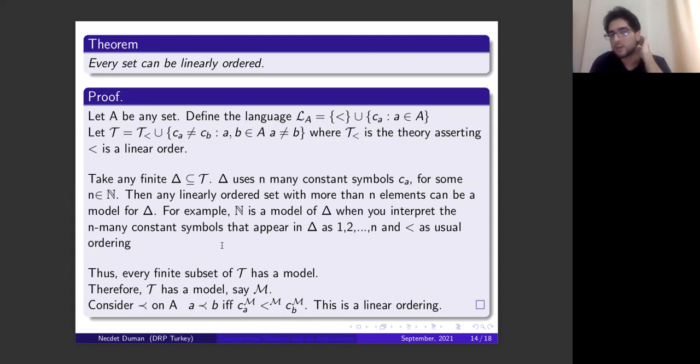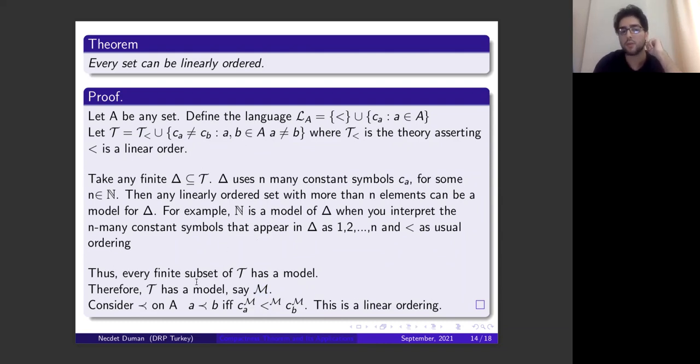And thus, we can now apply the compactness theorem. The compactness theorem will give us a structure which satisfies this theory, say M. Now, this M has an interpretation of this order relation symbol, which is actually a linear order because M satisfies this theory, and it has many c_a's, and they're not equal to each other.